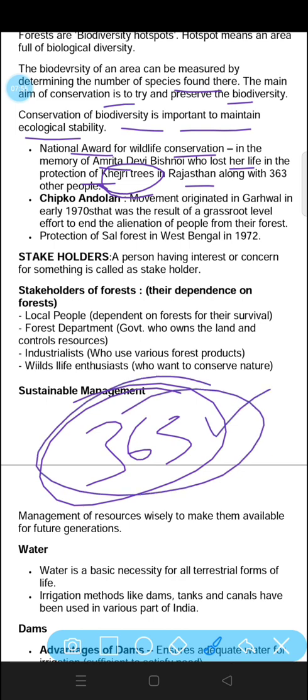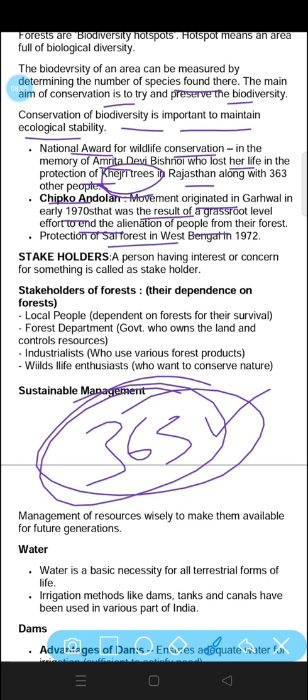Another one is the Chipko Andolan. The movement originated in Garhwal in the early 1970s, and it was the result of a grassroots level effort to end the alienation of people from their forest. People refused to cut their forest and stuck to the trees so that others could not cut them.